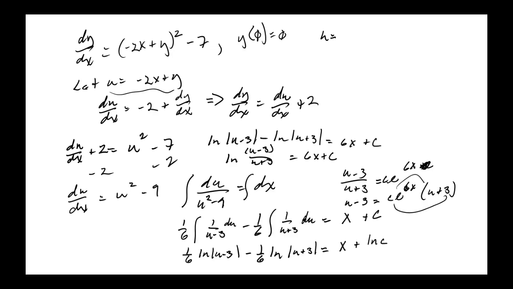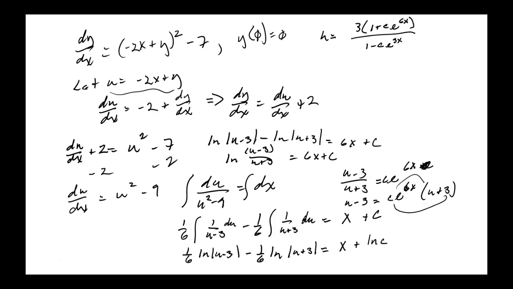U is equal to 3 times 1 plus CE to the 6x over 1 minus CE to the 3x. It's just amazing. They come out this similar looking, because you see the things are all there. This is U, e to the C U, e to the 6x and 3, and then when you factor out the U, they all look a lot like each other.